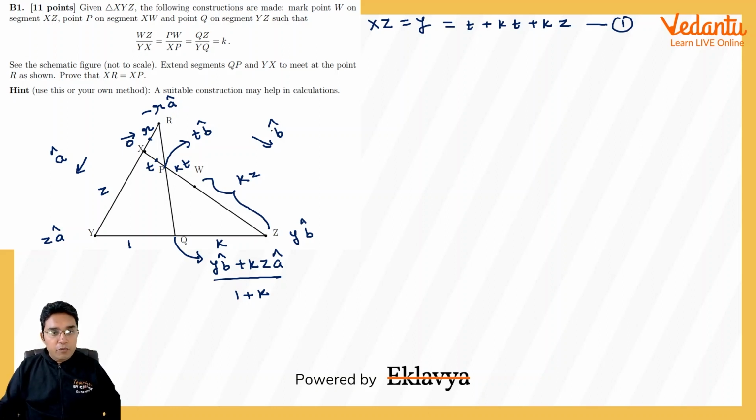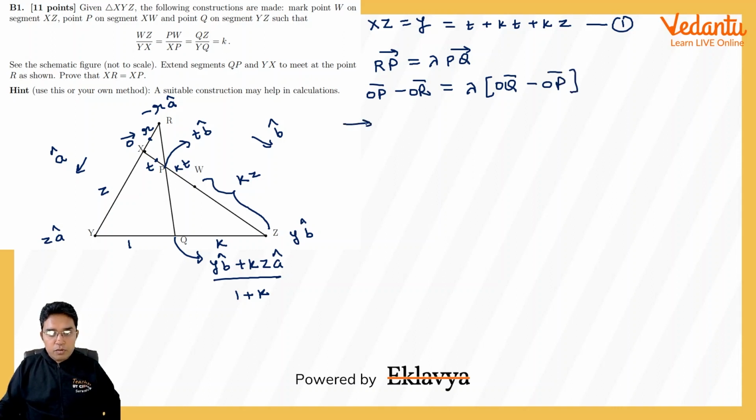Okay. Now we are given that this R lies on the line joining PQ. That means this RP vector should be lambda times, that is, a scalar times some vector PQ. And here we can write this as OP minus OR is equal to lambda times (OQ minus OP).